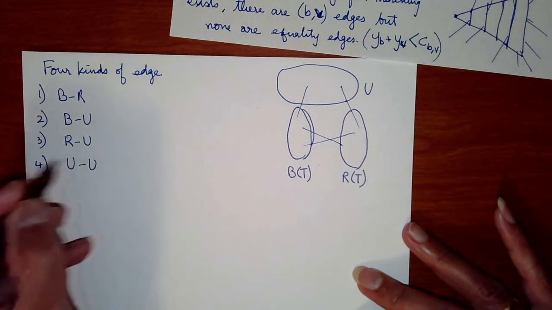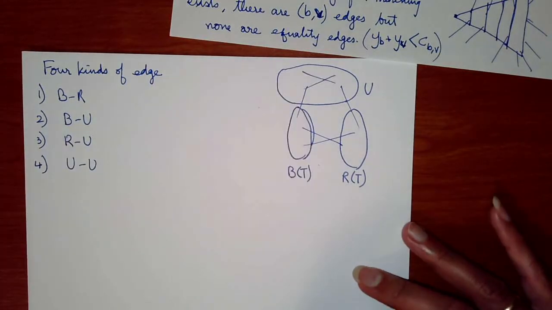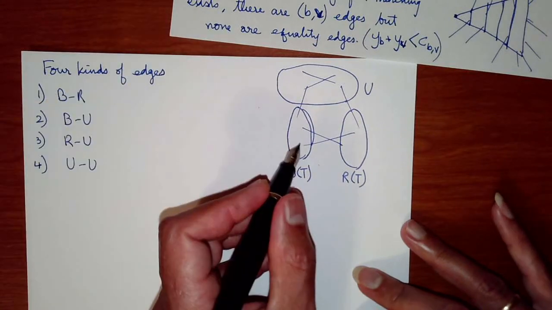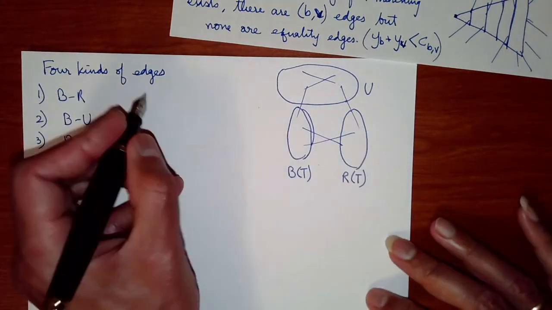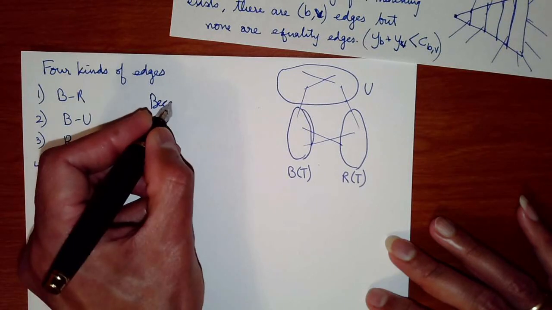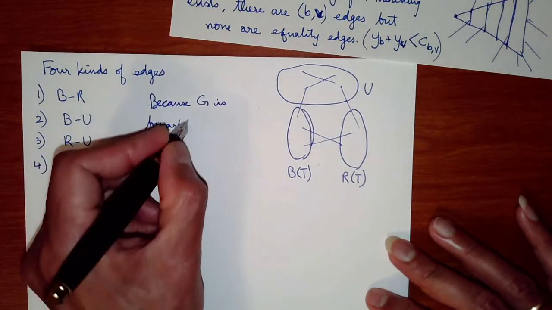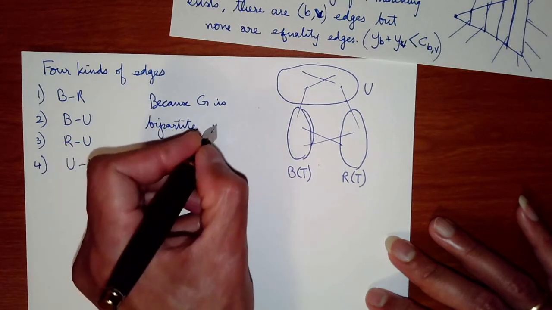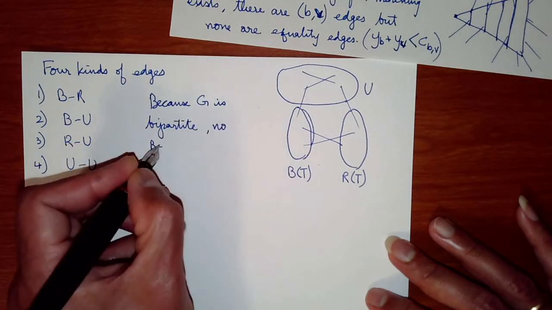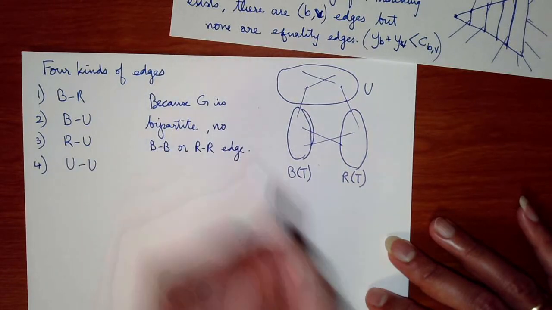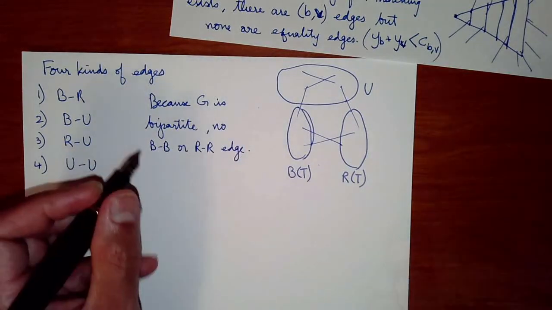And there's sort of what I call U edges. These are the four kinds of edges. There are no edges within B. There are no edges within R. This is crucial because G is bipartite. Because G is bipartite, there is no blue-blue or red-red edge.